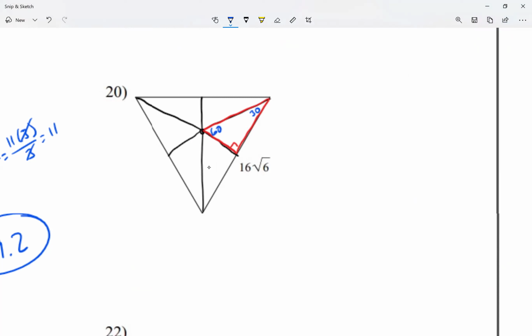I have another 30, 60, 90 triangle. I know this measurement is 8 radical 6. Now, for me to find, this is the medium side. So for me to find the small side, I go 8 radical 6 divided by radical 3.